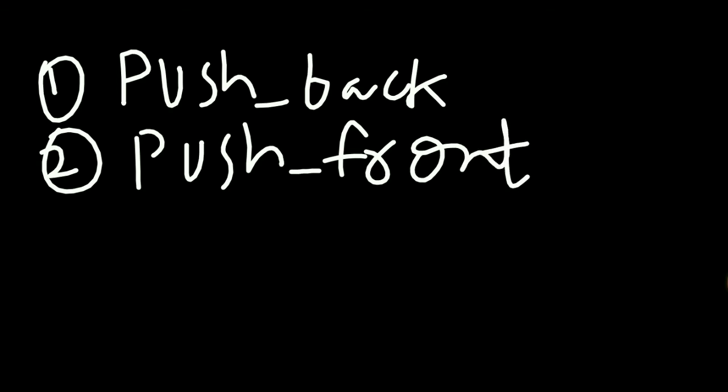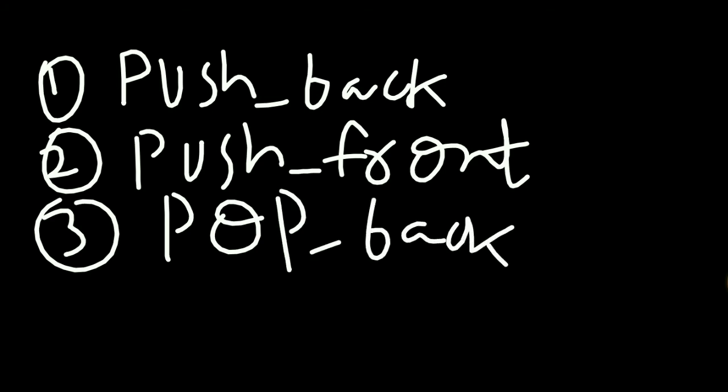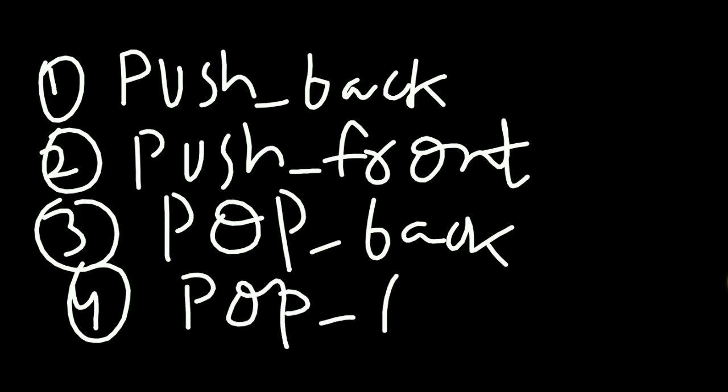This method is used for the insertion of data at the head. The third one is pop back. This method is used for the removal of data from the tail. And the fourth one is pop front, and this is used for the removal of data from the head.